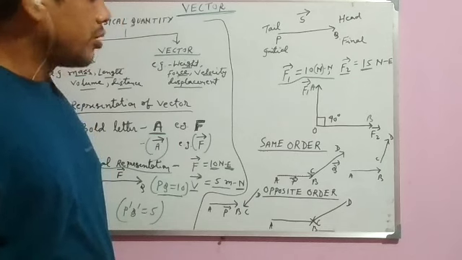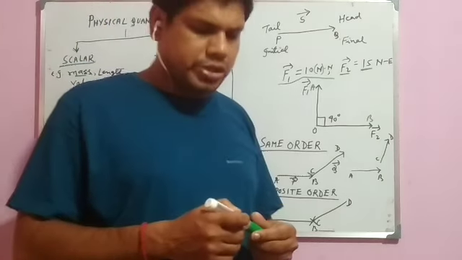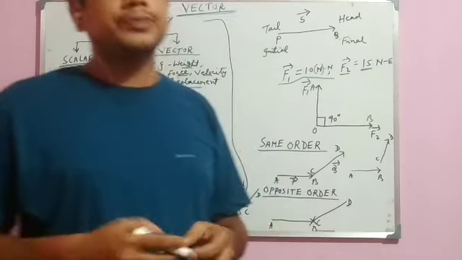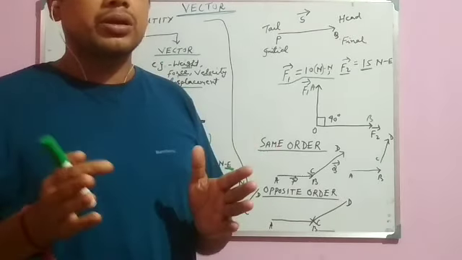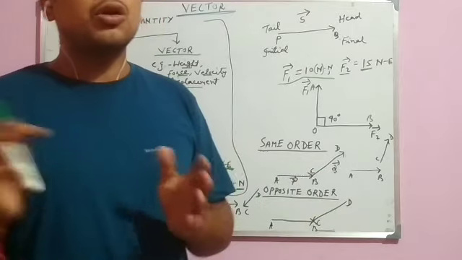Next comes order. It is very important. There are two types of order in the case of vectors. One is called same order, another is called opposite order.